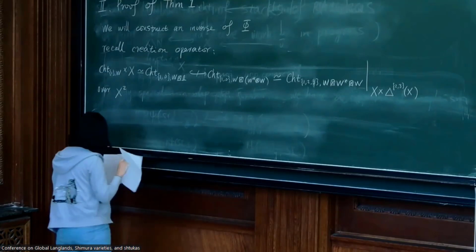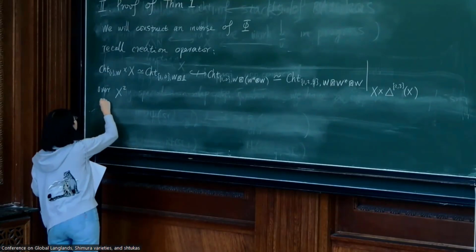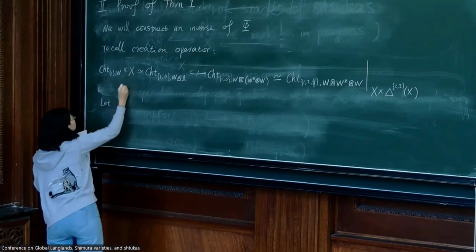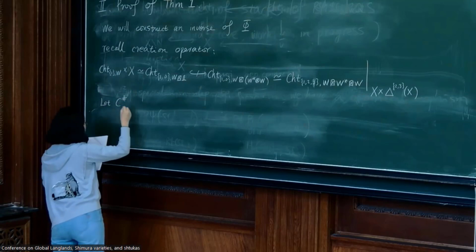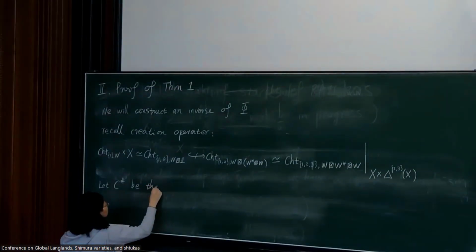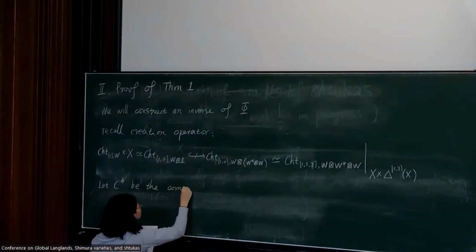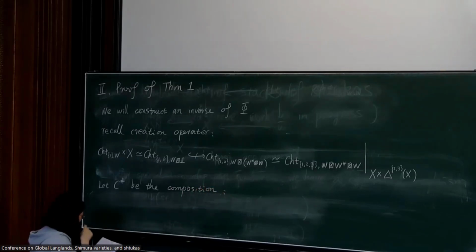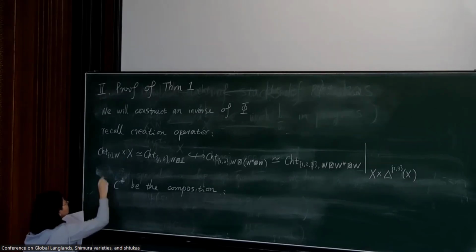And what happens on sheaves? So the creation operator is the following comparison. So we begin with a sheaf.